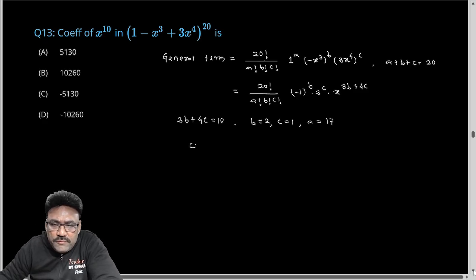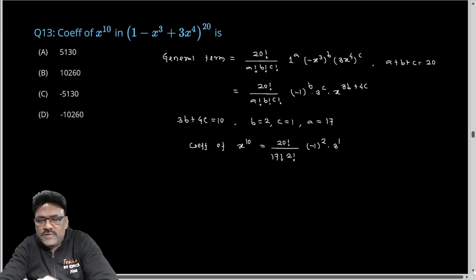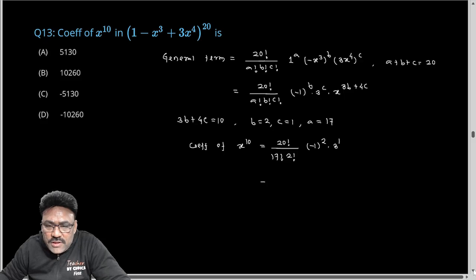So what will be the coefficient of x raised to 10? It is 20 factorial over 17 factorial. Then b factorial is 2 factorial, c factorial is 1 factorial, minus 1 square, 3 raised to c, 3 raised to 1. This is the coefficient. 20 factorial over 17 factorial, 2 factorial, minus 1 square. So up to 17 cancel.